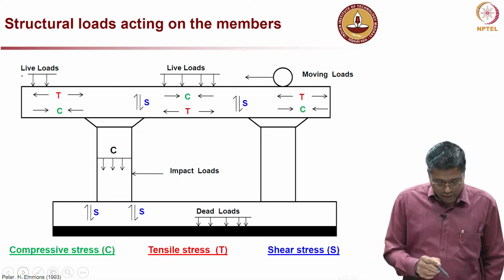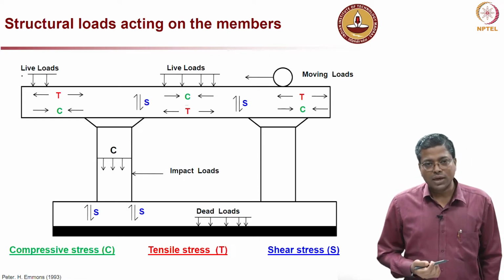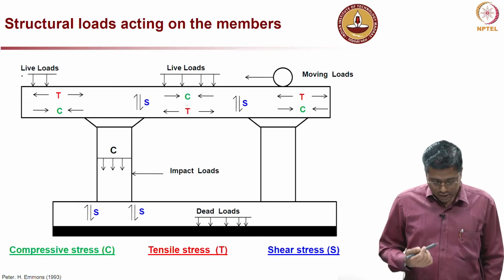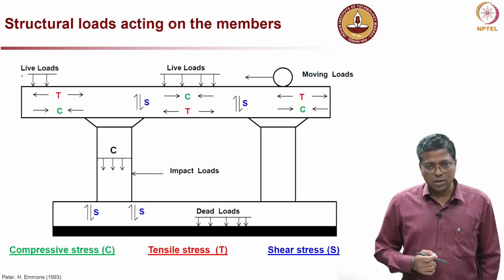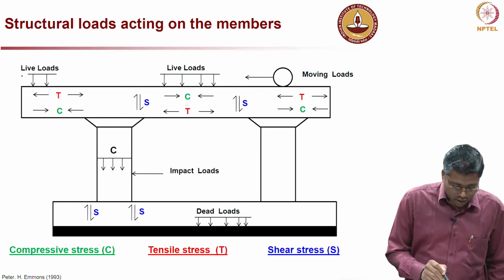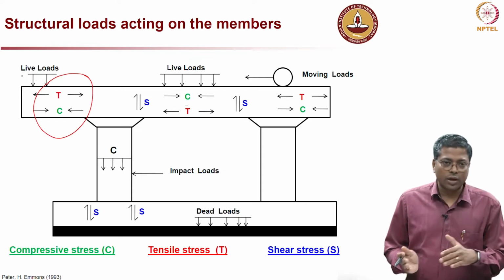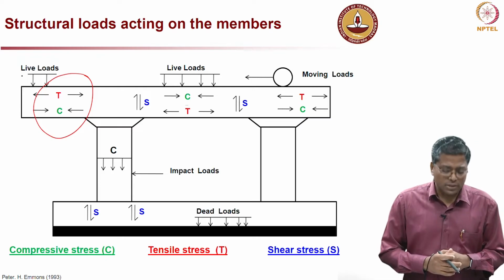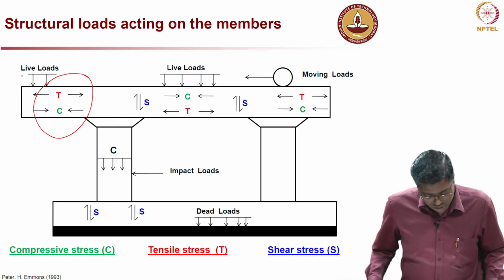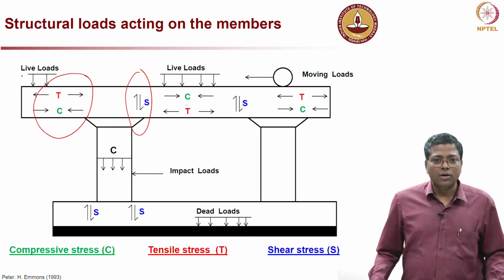So, here you can see 3 letters, mainly T, C and S. T stands for tensile stress and S stands for shear stress, blue text, and the compressive stress is C. So, if you are talking about, let us say, this particular structural system, here you can see that it is like a cantilever section, where on the top side you have a tensile stress, and the bottom portion is experiencing compressive stress, and right here near the support you have shear stress.